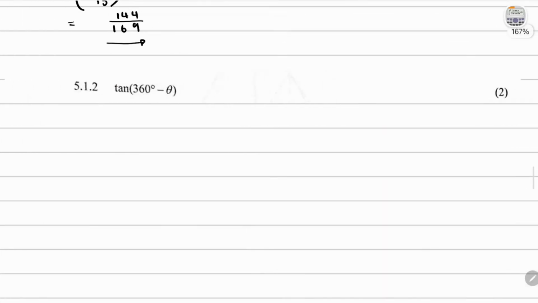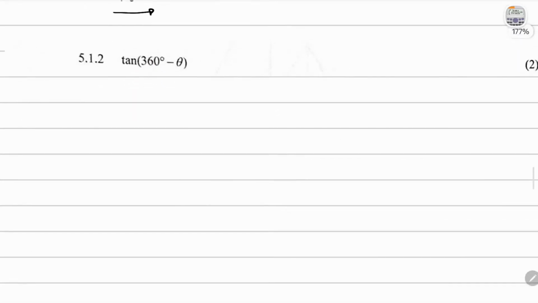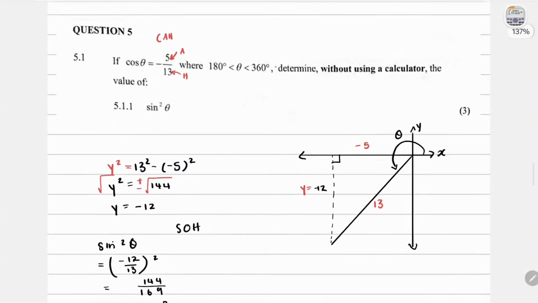Question 5.1.2 says we have to find tan of 360 degrees minus theta. You know that 360 minus theta is in cos's quadrant, where tan is negative. So when we reduce this, it becomes negative tan theta. Then we find out what negative tan theta is.